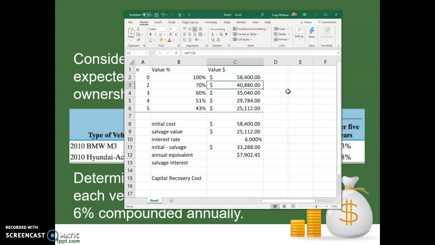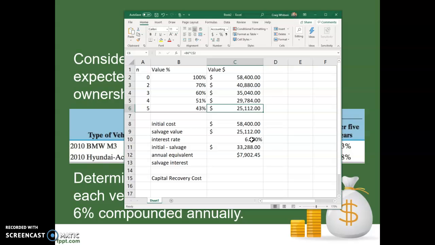Now, in each of these given years, that value is changing, but worst case scenario, in our last year, this is our lowest value. At any point in time that we owned this vehicle, we could have sold it for $25,112. And we could have taken that money and invested it.